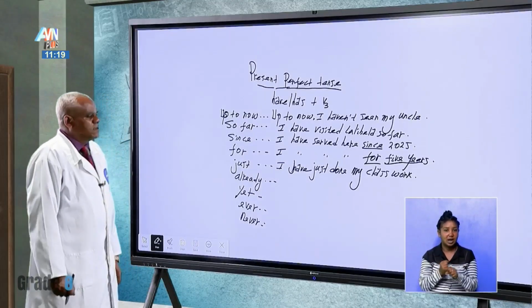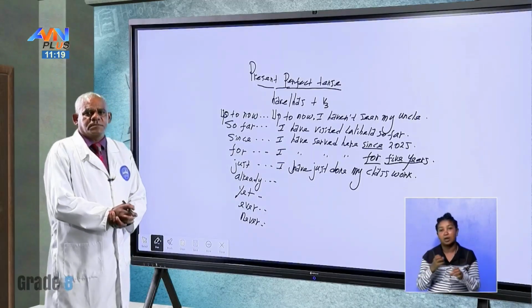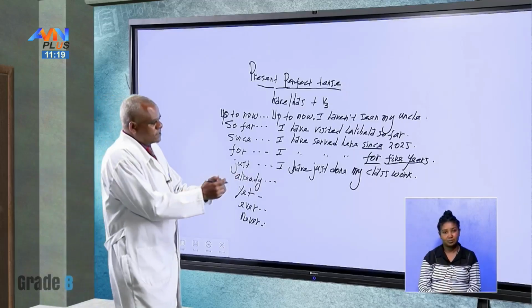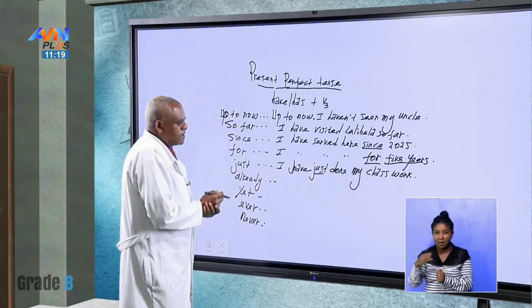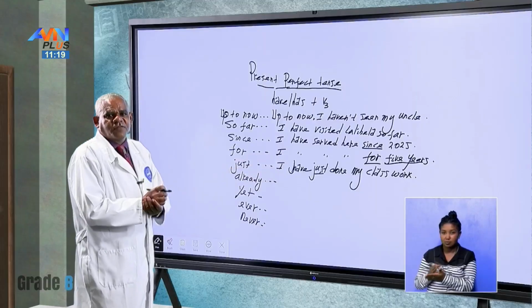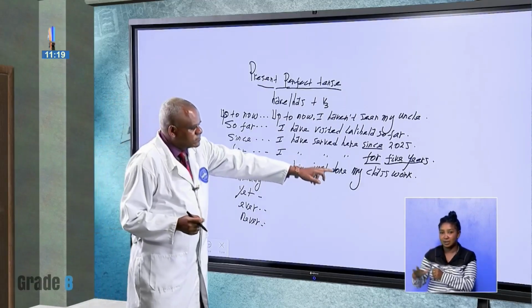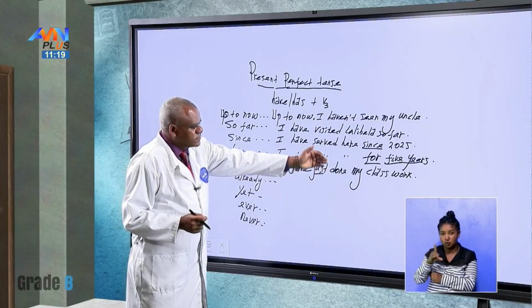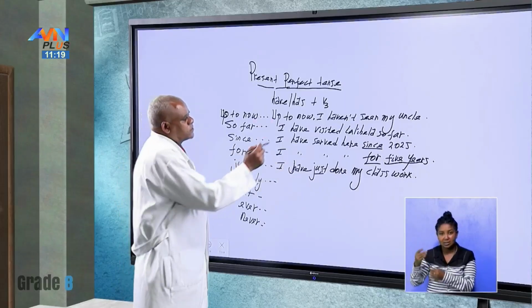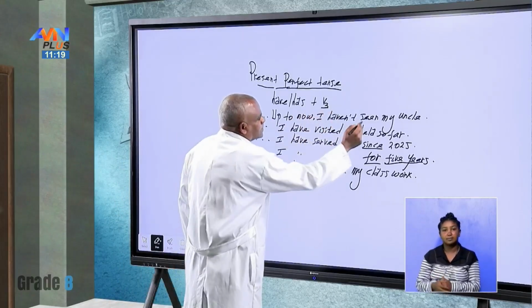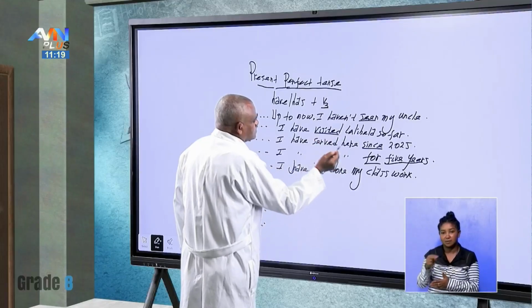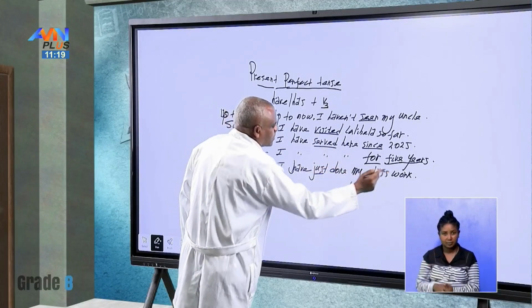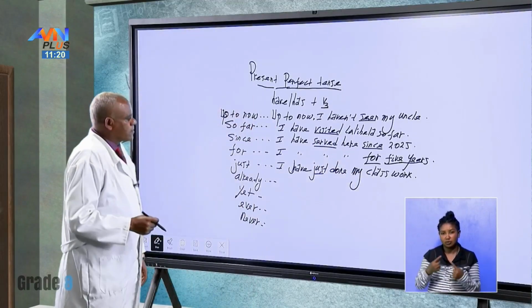The position of just usually lies between have and the main verb, which is a V3 form. It's a V3 form: do, does, did, done. That is why it's already written here, right? Seen. Look at these. These are the V3 forms. You are welcome to go and check your grammar, right?